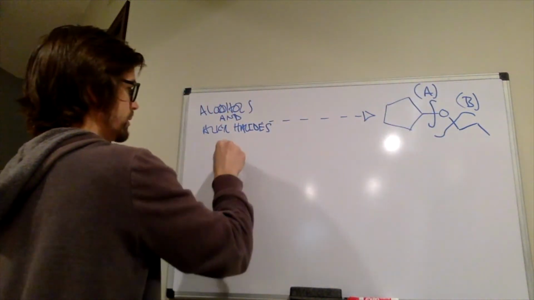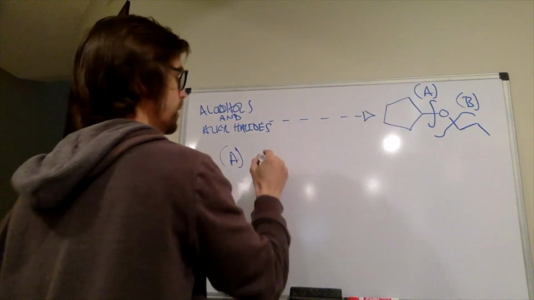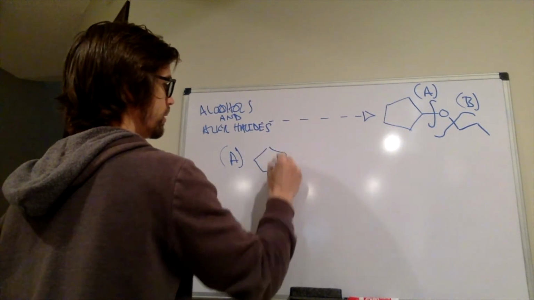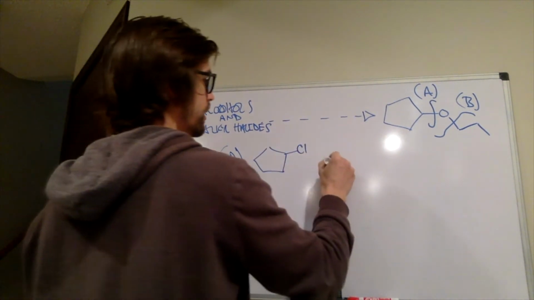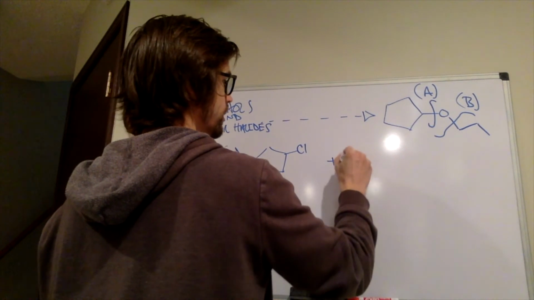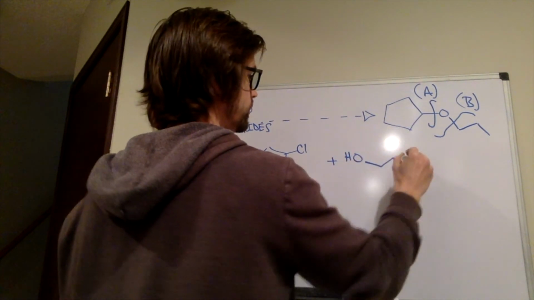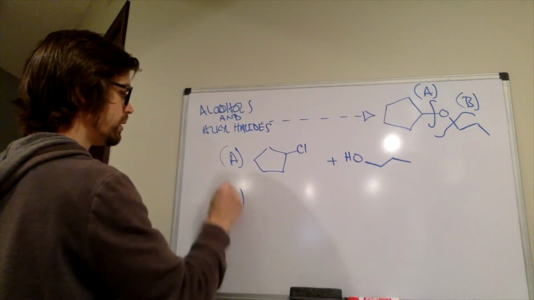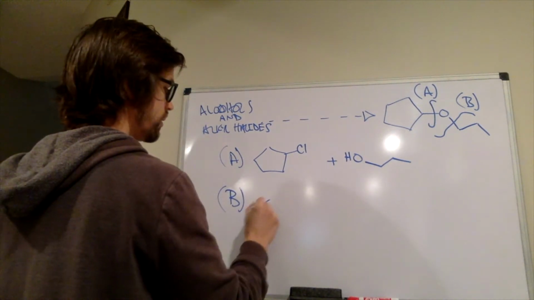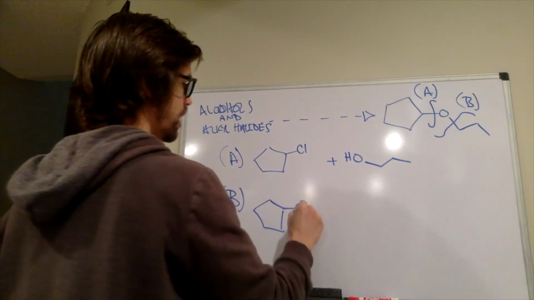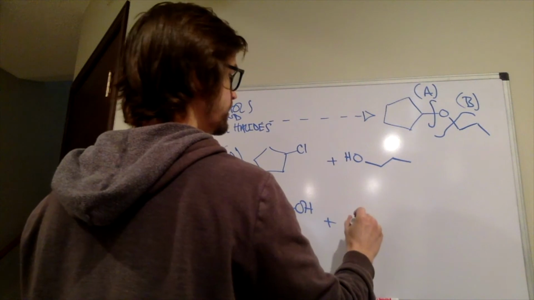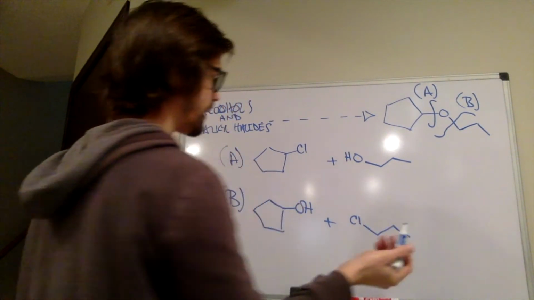So yeah, let's write those out. So A would have this be the alkyl halide, and we would use this alcohol. B, we would have this as our alcohol, and this as our alkyl halide.